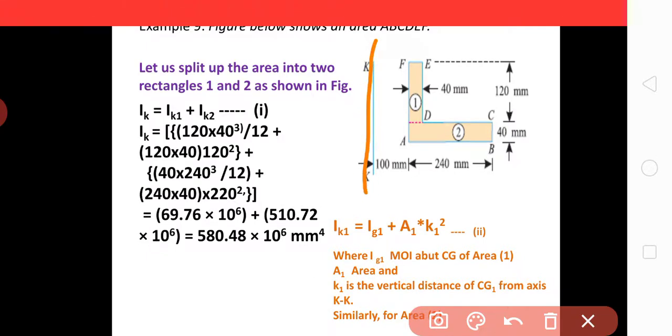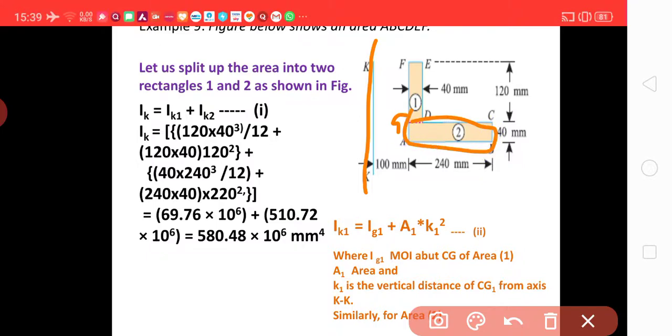This is the KK axis. First of all, we split this L into 2 rectangles, EFDG and AGCB. This is the AGCB, this is the other one.